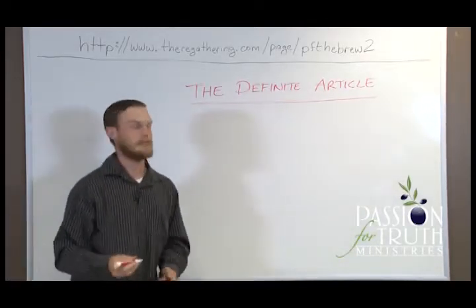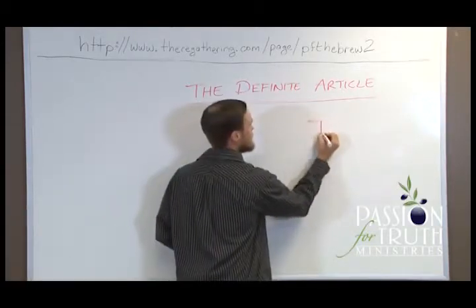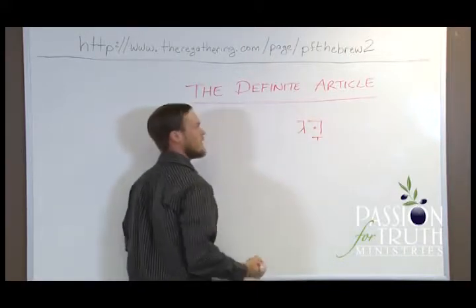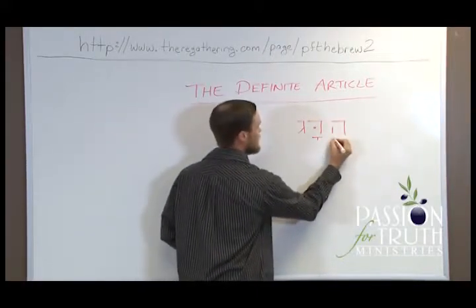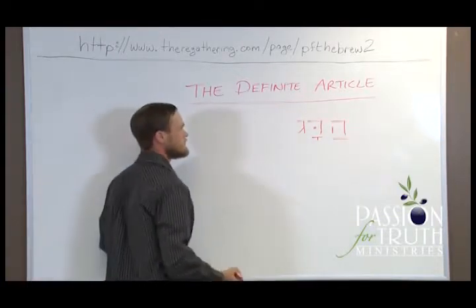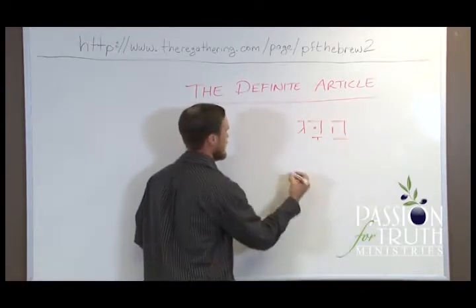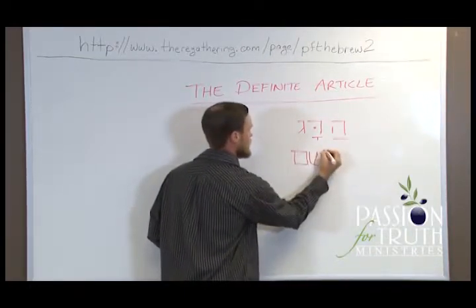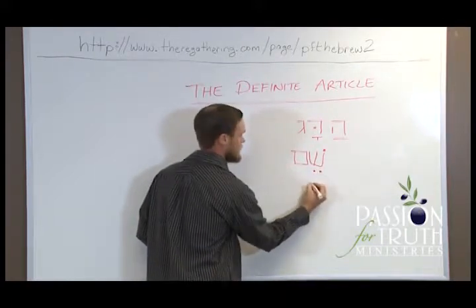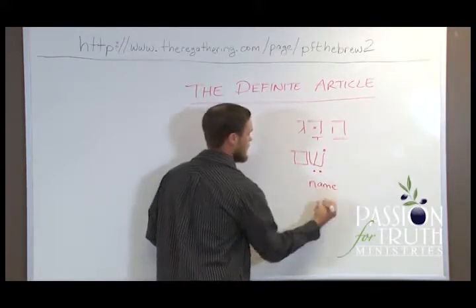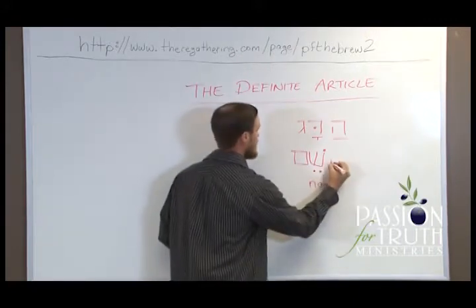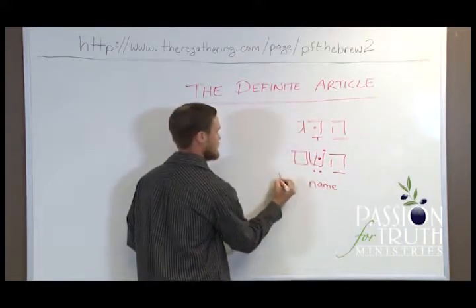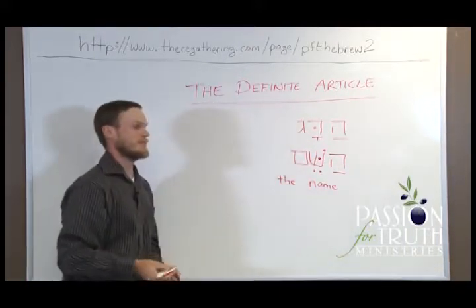So just to make sure it's totally clear, okay, dag means a fish, so to make it the fish, hadag. All right, in other words, say shem. Okay, shem is a name. To make it the name, add a hey with a patach and put a dagesh in the shin, forming Hashem, which means the name.